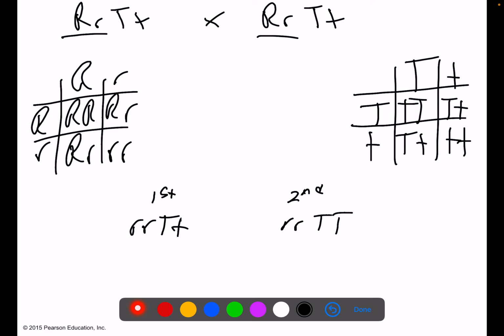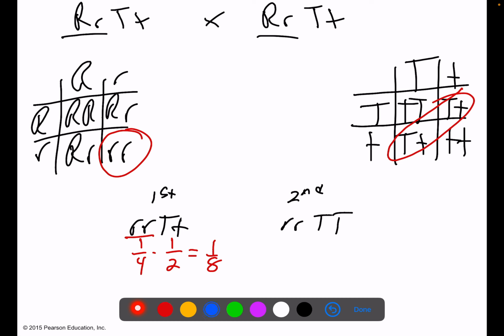Okay, let's go down here. What are the chances of getting little r, little r? It looks like 1 out of 4. What are the chances of getting big T, little t? Looks like that's 1/2. So the answer here is 1/8.